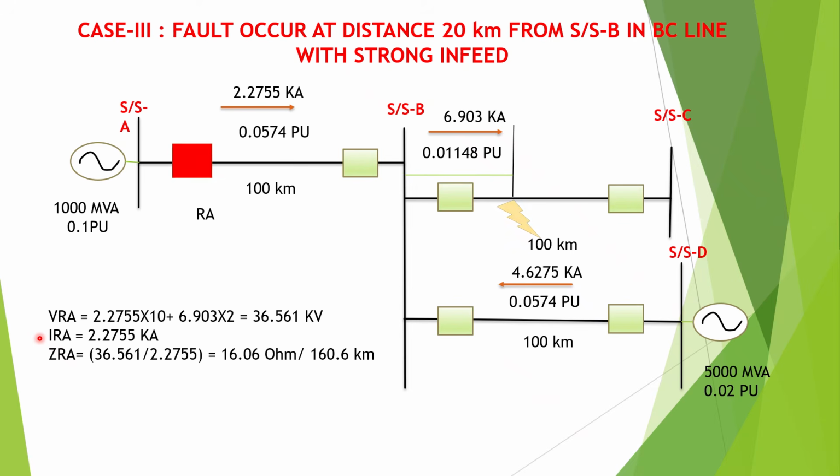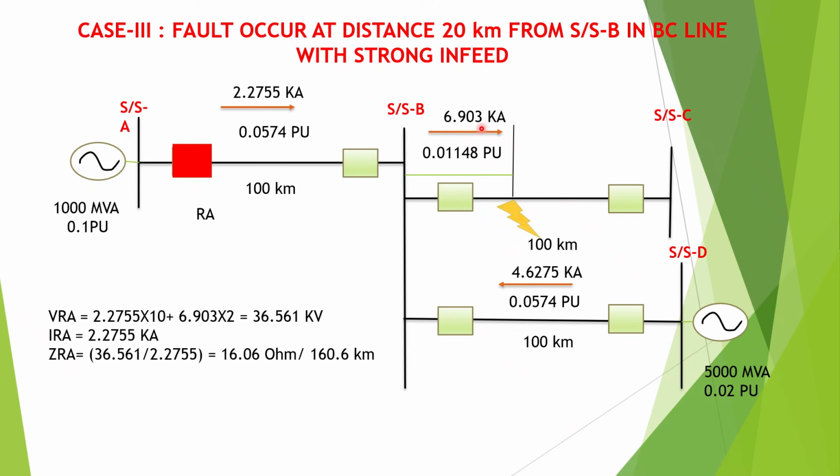So we can easily calculate the voltage at the relay point, that is VRA, which is equal to 2.2755 into the line segment impedance, that is 10, plus 6.903 into the impedance of this line segment, that is 2. So which comes as 36.561 kV. Now the fault current sensed by the relay is equal to 2.2755 kiloampere.